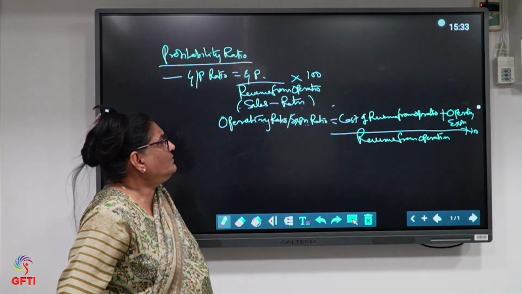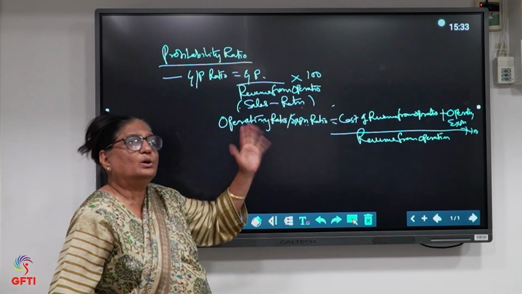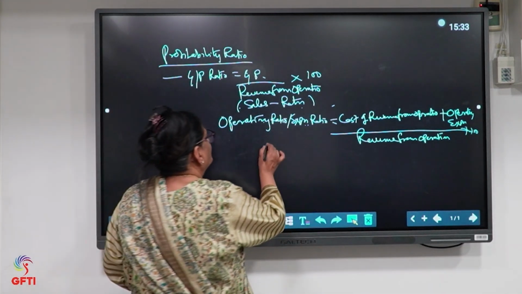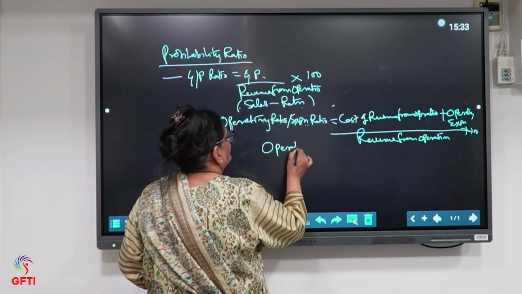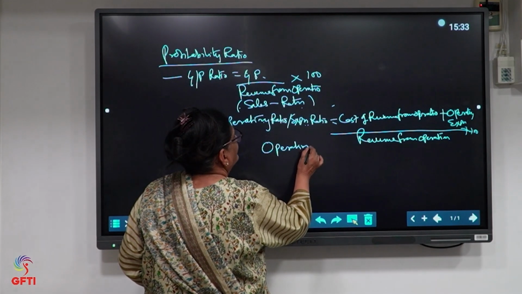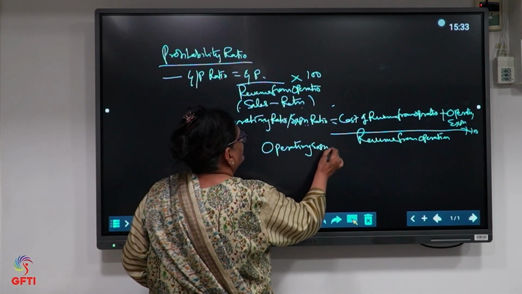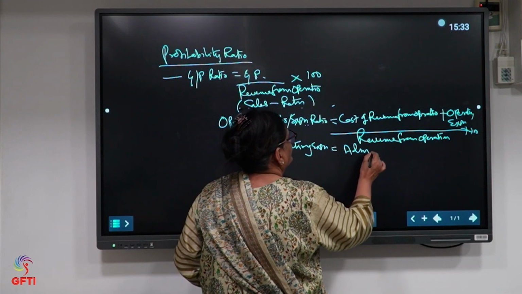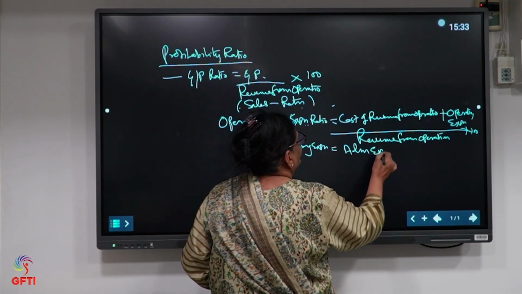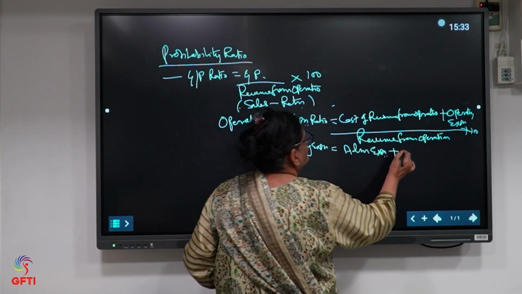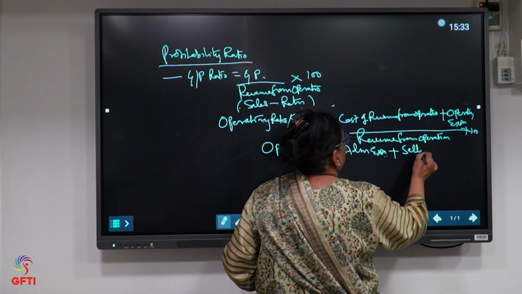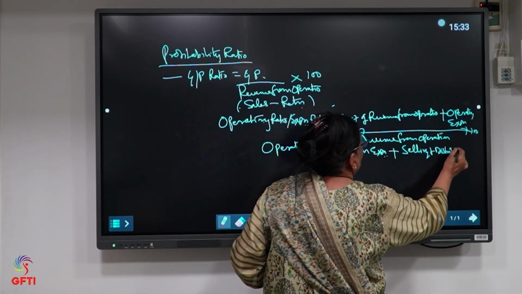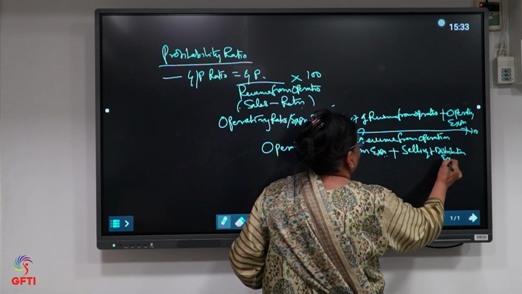So, cost of revenue from operation or cost of goods sold plus operating expenses. What are operating expenses? They are administration expenses or overhead, plus selling and distribution expenses.